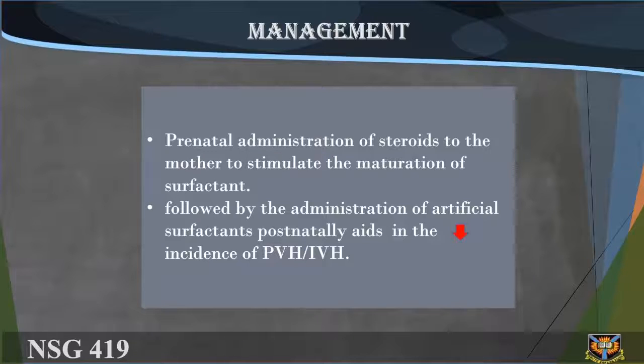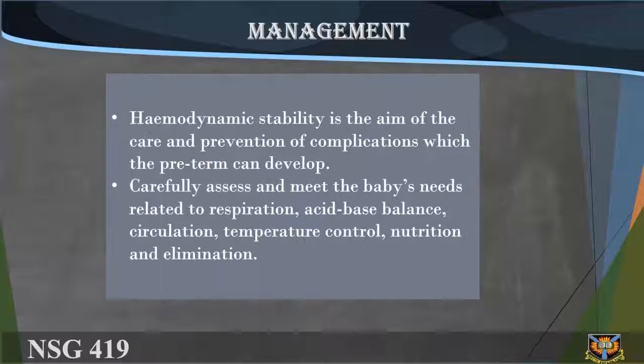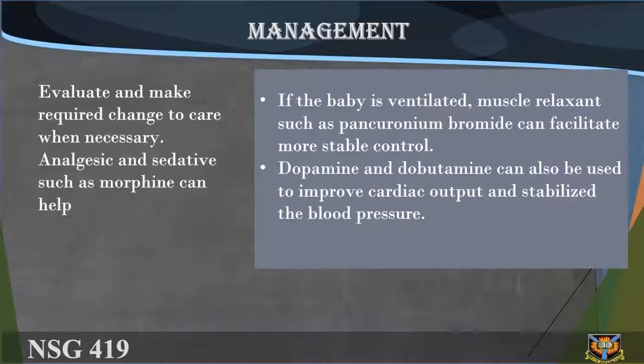There is a reduction in the incidence of PVH or IVH. Hemodynamic stability remains the aim of care and prevention of complications which the preterm can develop. Carefully assess and thoroughly meet the baby's needs related to respiration and acid-base balance, circulation, temperature control, nutrition, and elimination.